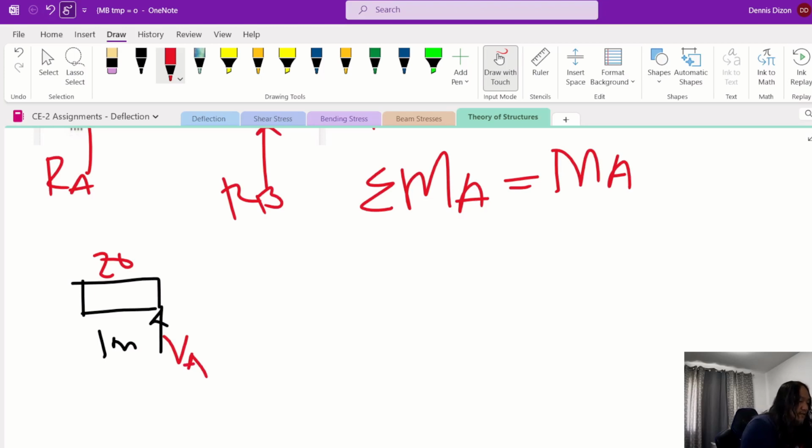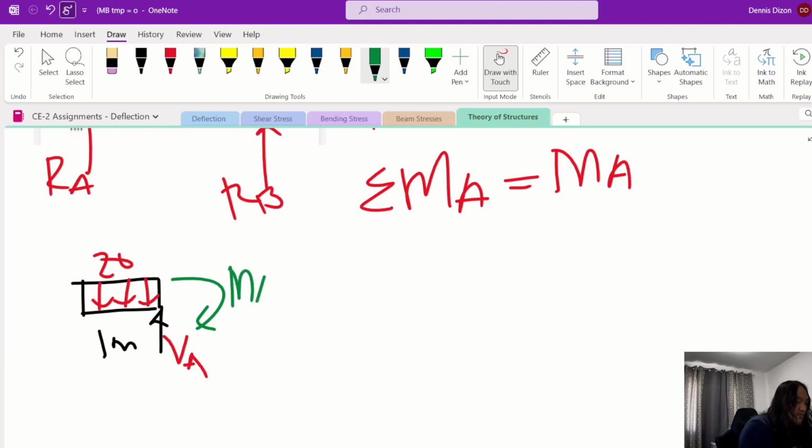And then since our load is counterclockwise, therefore our moment at A is clockwise.